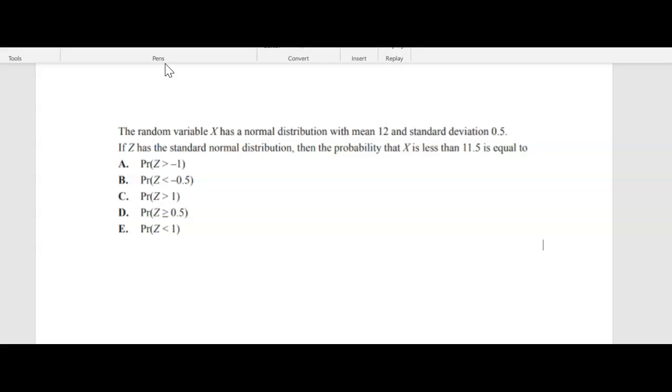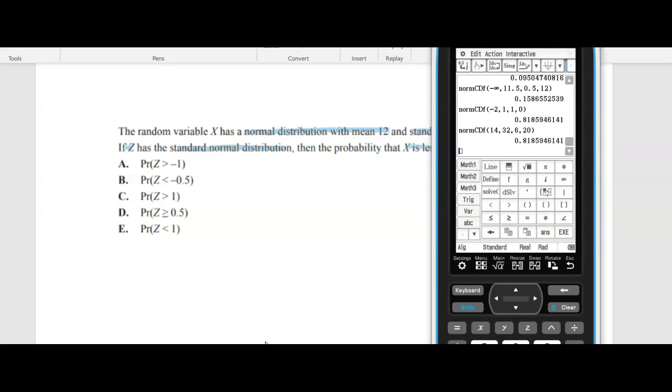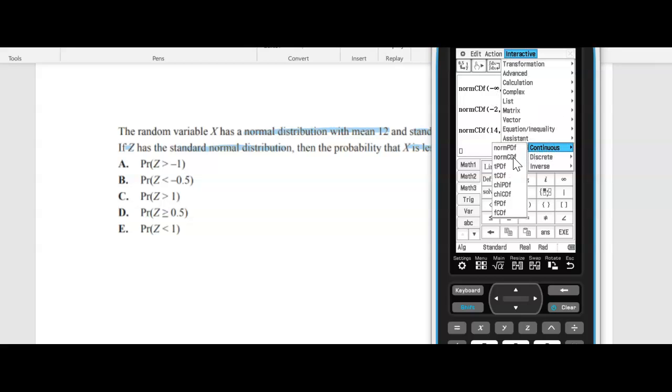So we've got a normal distribution with a mean of 12 and a standard deviation of 0.5. Z has a standard normal distribution. Then the probability that X is less than 11.5 is equal to. So we're going to just do the same thing. Again, normal CDF.